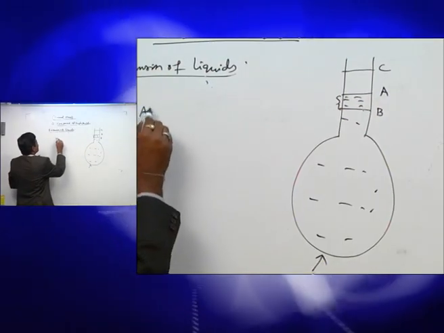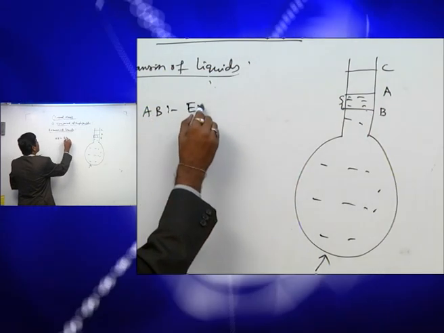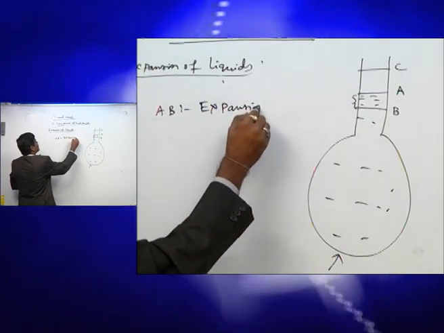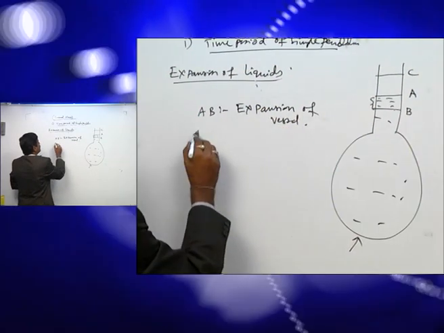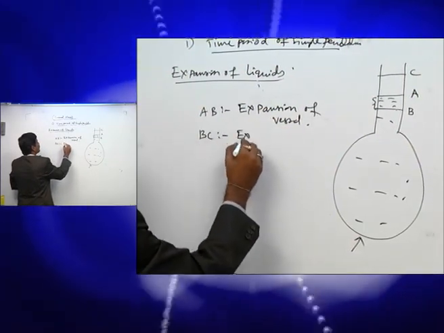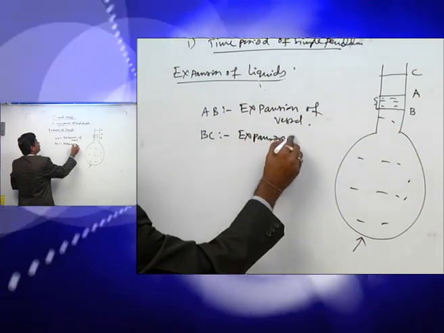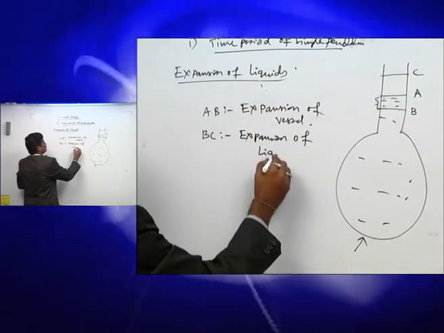This AB is due to the expansion of the vessel, whereas BC is the expansion of the liquid.